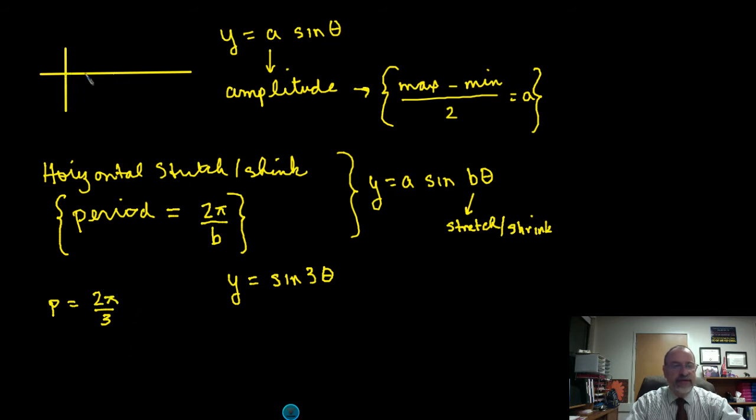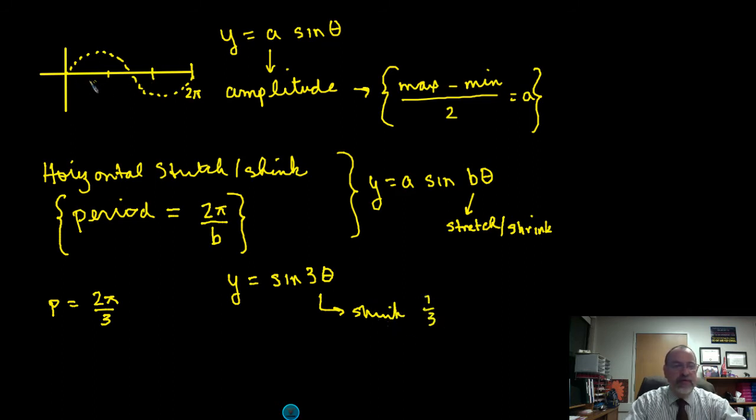So what that means is rather than taking 2 pi to complete its cycle, if you took 2 pi and divided it into 3 equal parts, let's say here, normally the sine function would take this long to make its cycle. But this 3, and again, this is going to be a shrink of 1/3, means it's going to take less time.